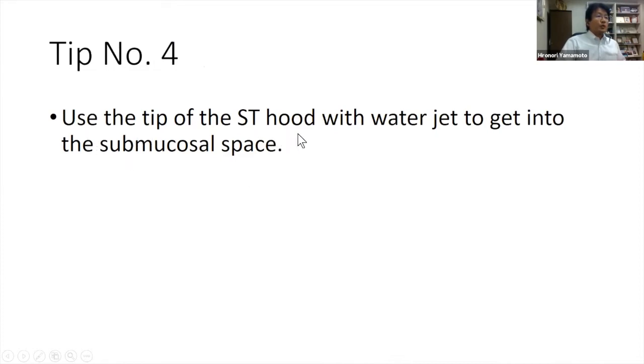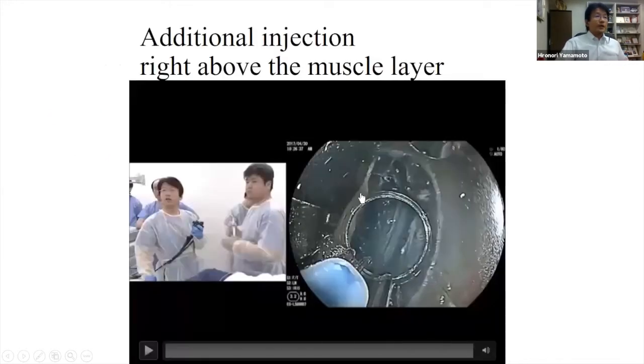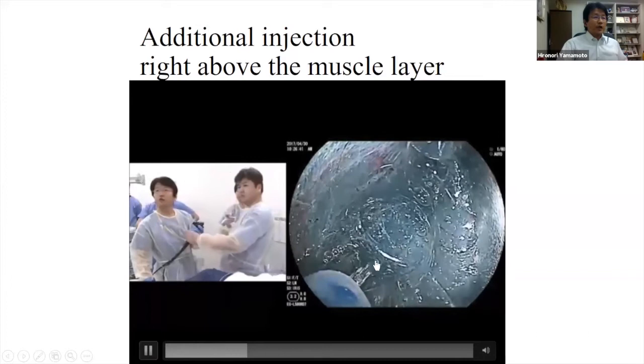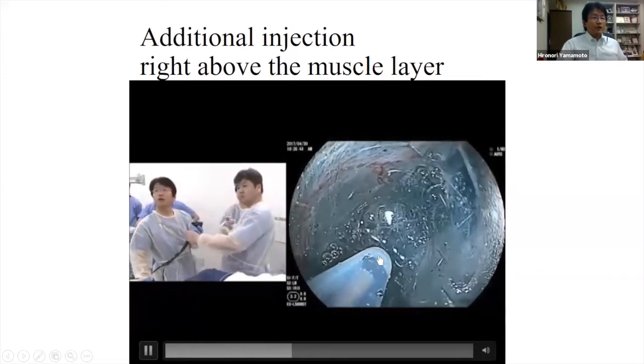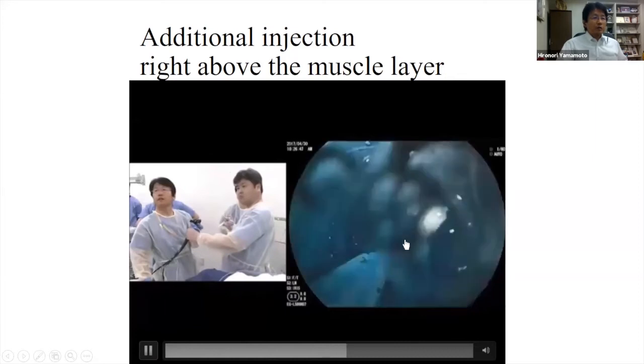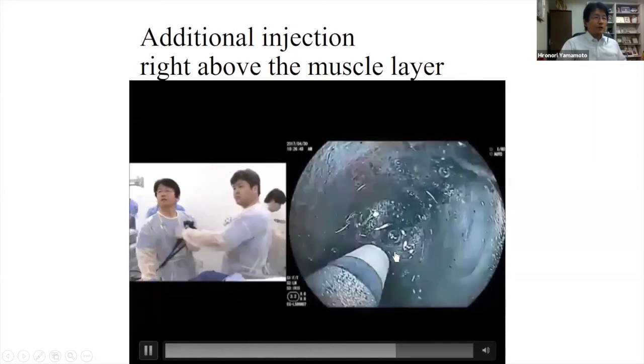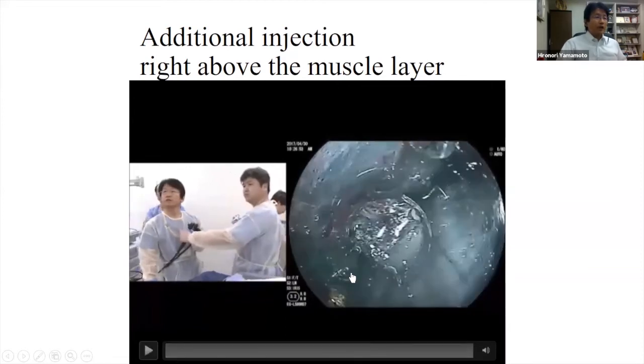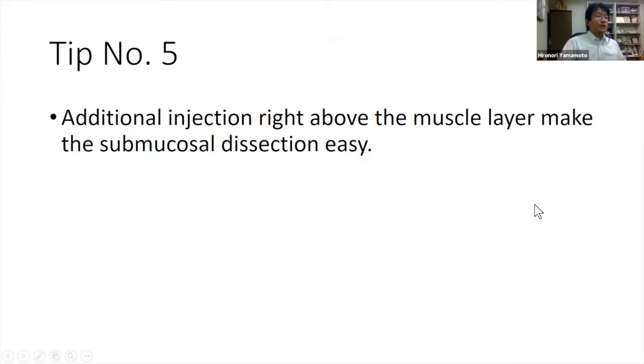Use the tip of the ST hood with water jet to get into the submucosal space. And after entering into the submucosal space, I inject the mucoup, that is the mucinous substance, right above the muscle layer. Then the dissection becomes easier. Additional injection right above the muscle layer makes the submucosal dissection easy.